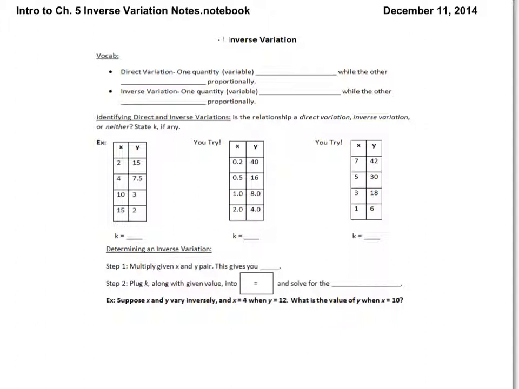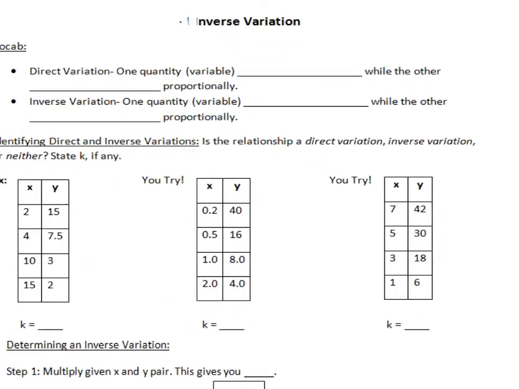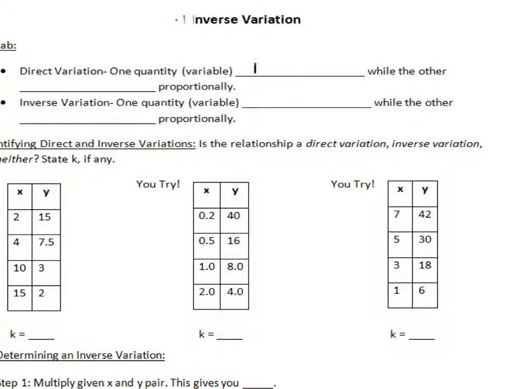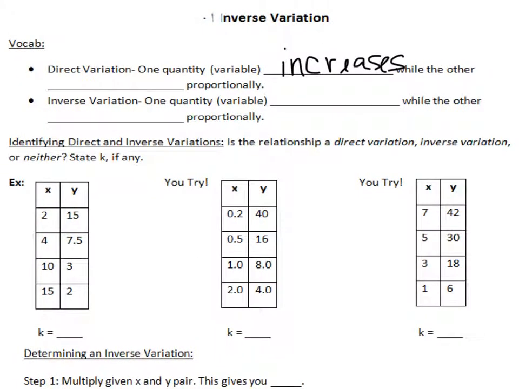So today we're going to be working on variations. We'll have a couple kinds that we're looking at. The first kind is what we call direct variation. And that's what we just looked at with the warm-up, the direct variation. It's when one of the variables increases while the other one increases as well. Now, they don't both have to decrease.